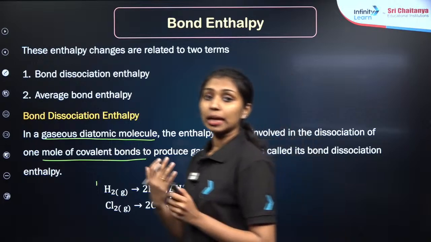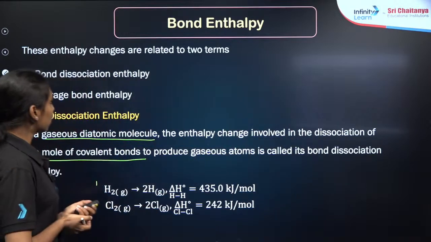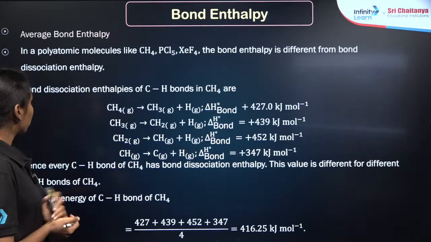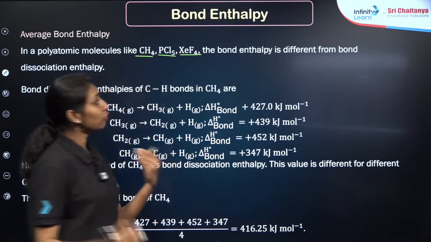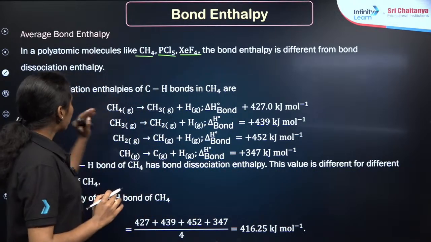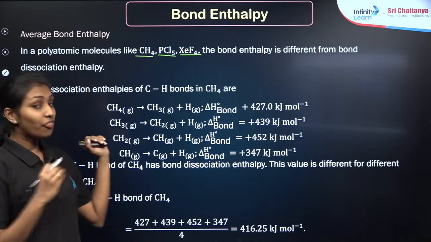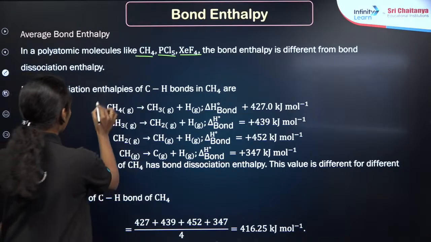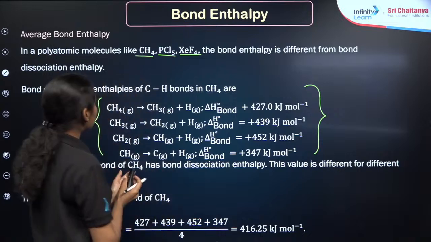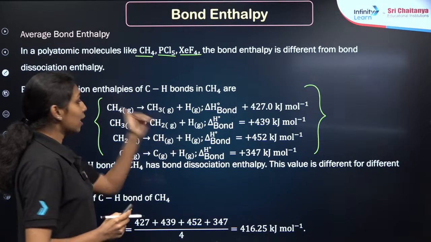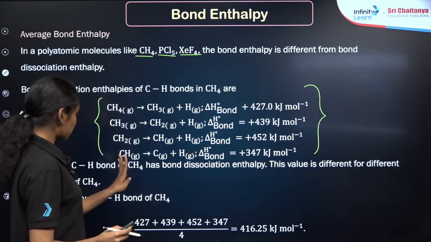Now, whenever we are talking about a polyatomic molecule, with more than 2 atoms, like CH4, PCl5, CF4, there will be a bond enthalpy, but it will be taken as the average bond enthalpy. Here you can see the general equation for the dissociation of CH4, which contains 4 different steps.